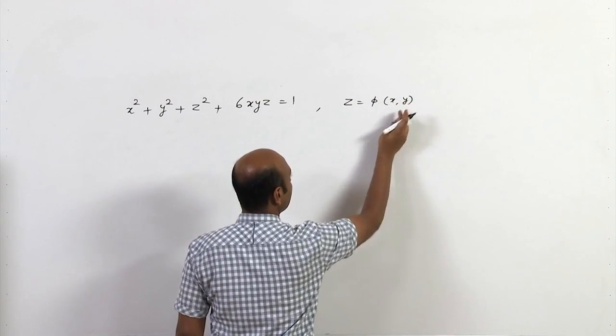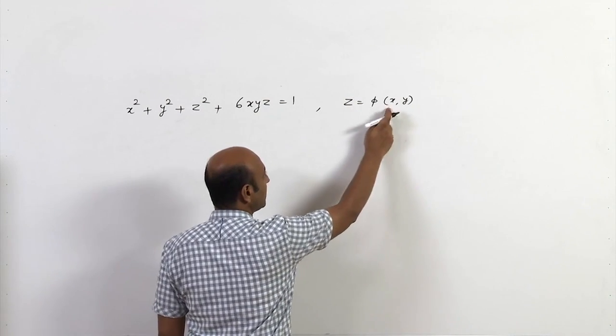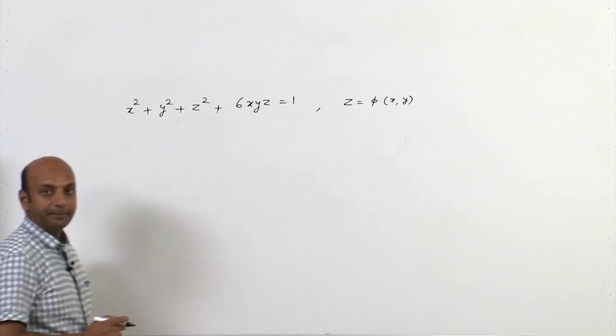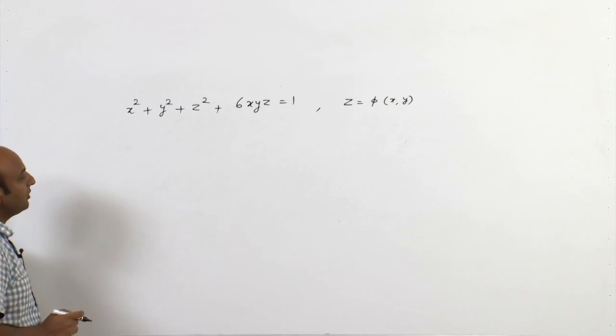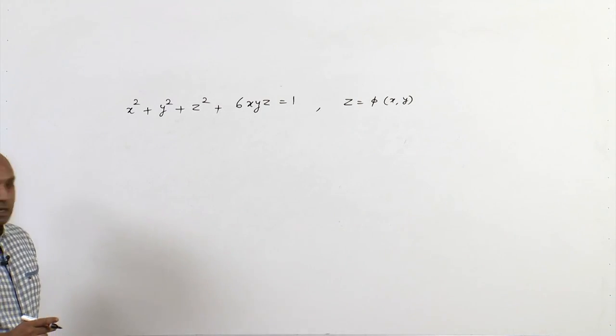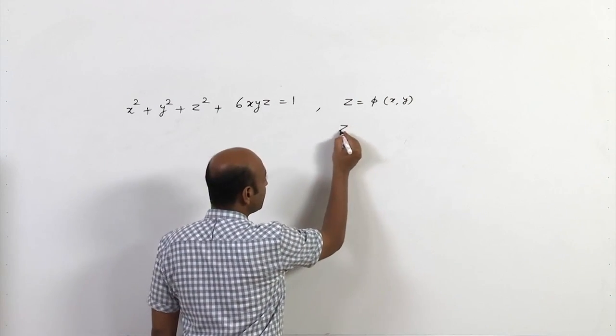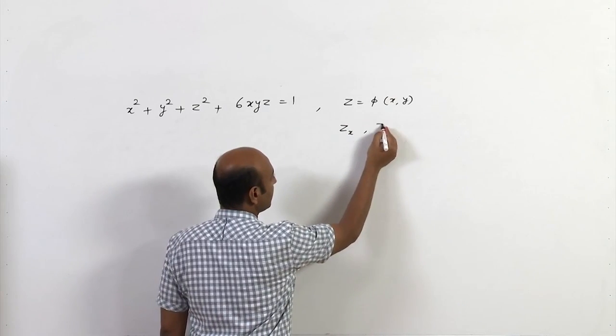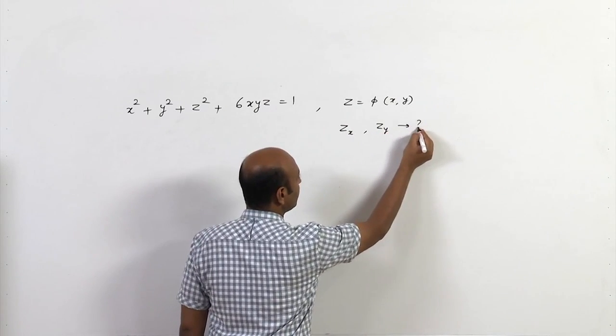X and y are independent variables and z depends on x and y. Now, how can we compute zx and zy? This we have to find out.